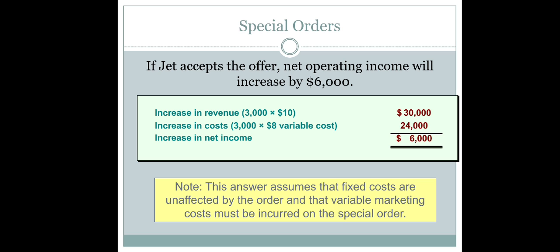If you do this analysis and you see that the increment in revenue is less than the increment in cost, then you have to say no to the special order. See the yellow box there? The answer assumes that fixed costs are unaffected by the order and that variable marketing costs must be incurred on the special order. Okay, you have to remember the way to do the analysis.